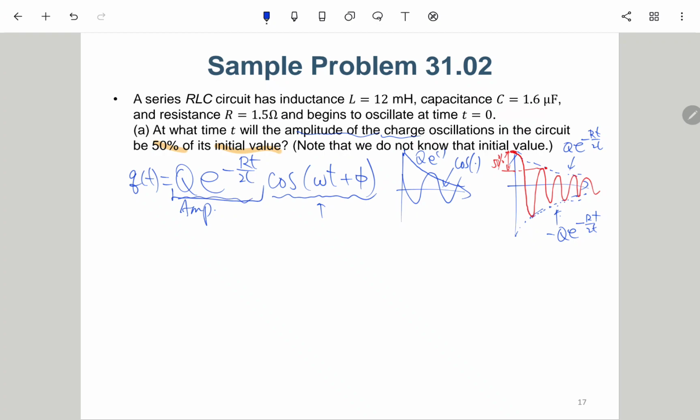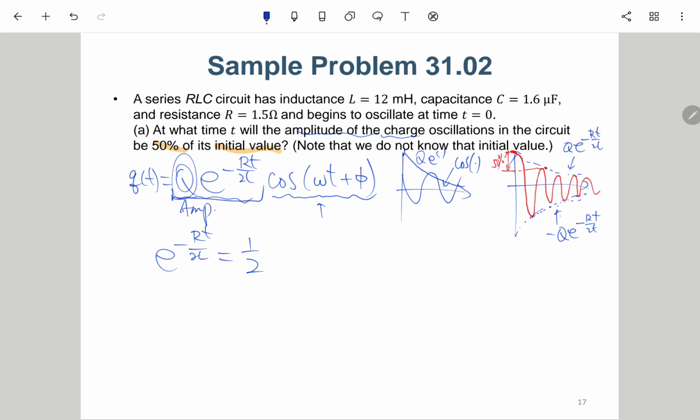We have the initial Q, and it asks what t is when the amplitude becomes half of Q. So the initial value capital Q is not important at all. We only need exponential to the negative Rt over 2L to be 1/2, so the whole amplitude is half of capital Q.